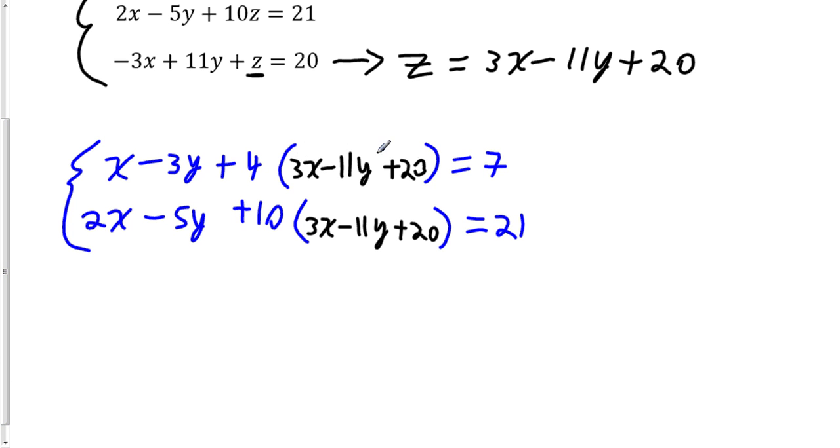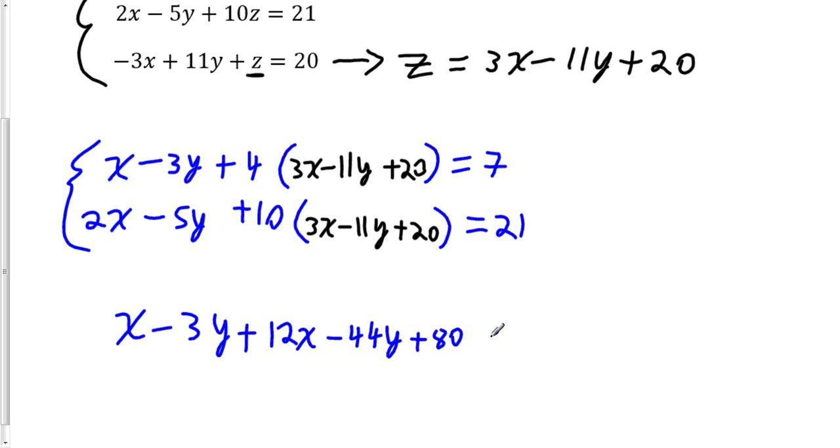Distributing the 4 gives me x minus 3y plus 4 times 3x is 12x. 4 times negative 11y is negative 44y. And then we have 4 times 20 is 80. And this is equal to 7.